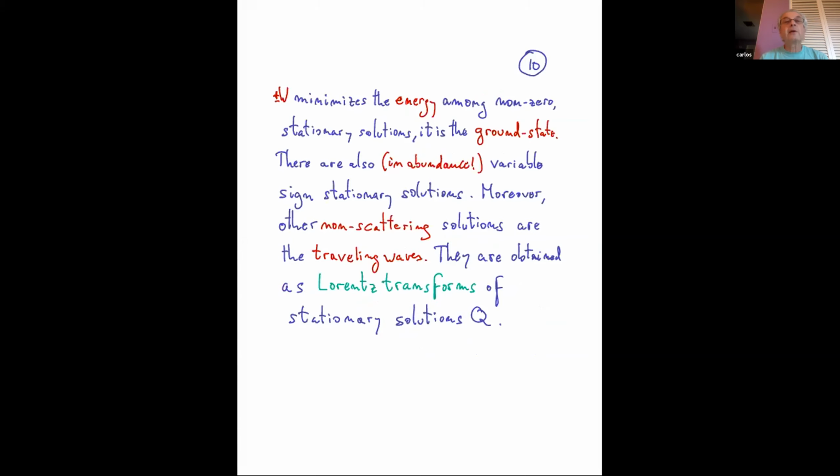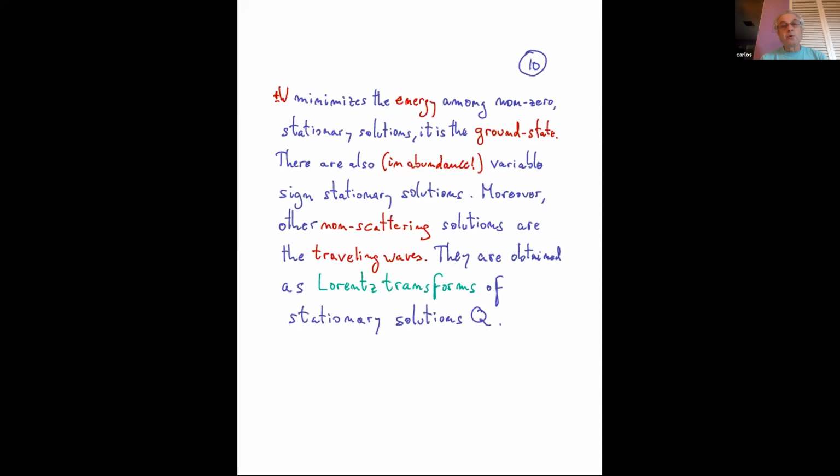So if we calculate the energy and we restrict ourselves to solutions in the energy space which are not zero, then W and minus W, their translates and scalings minimize that quantity, and that's why we call it the ground state.